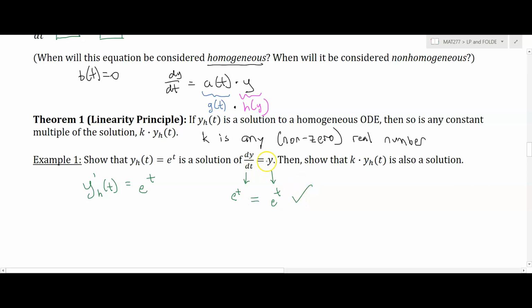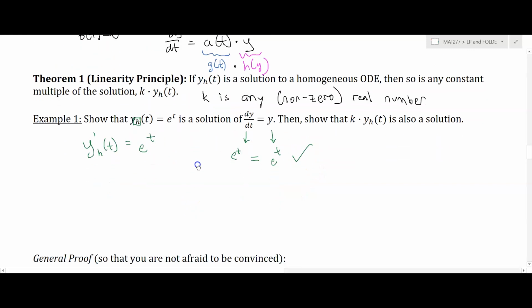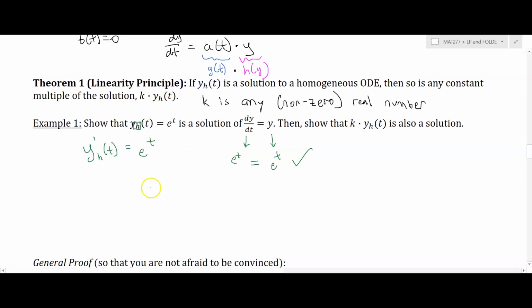Yes, they are. Therefore, e to the t is a solution. Now again, the y sub h is just used to denote that it's a solution to a homogeneous differential equation, so don't let that throw you off. Soon we'll see that it doesn't have to be a solution to a homogeneous case.